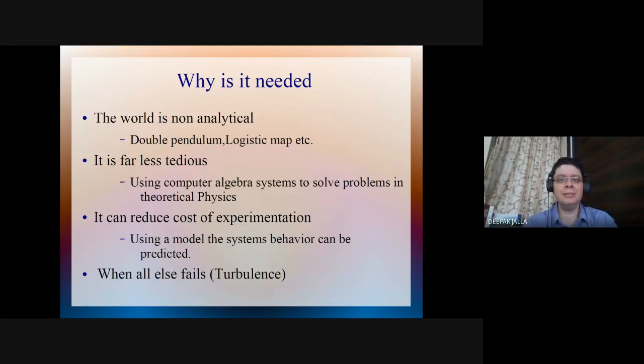Two, it reduces tedium in theoretical physics. I don't know how many of you know this, but there was a time when I was working on quantum information, and what we used to do was have a 4-qubit state.